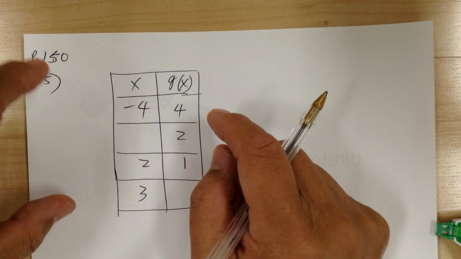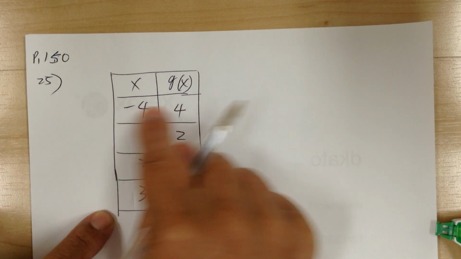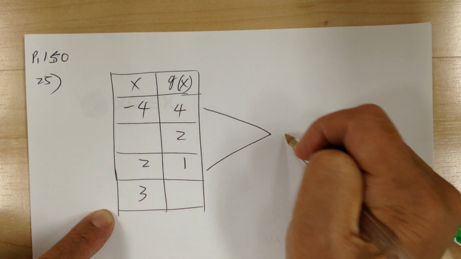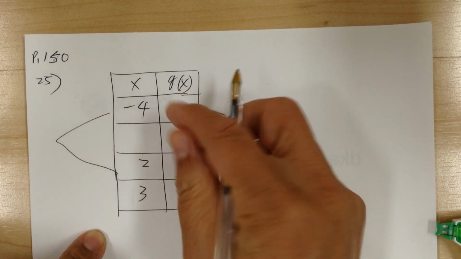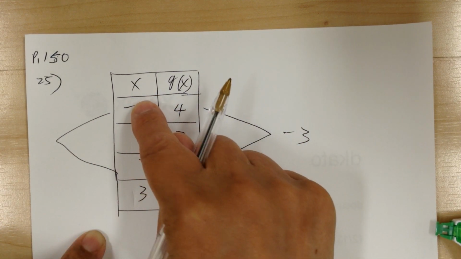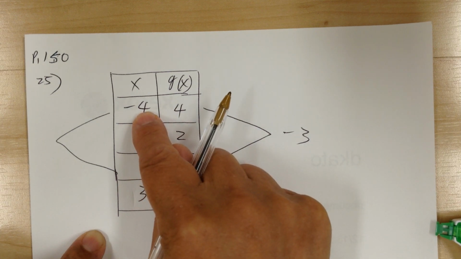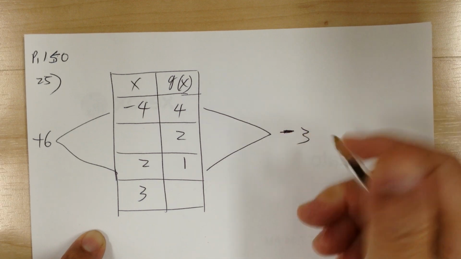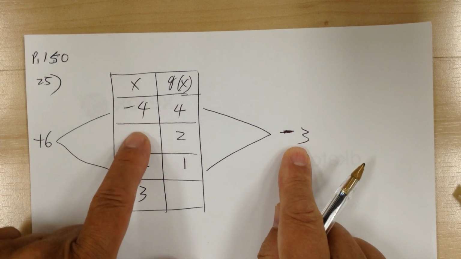So you have to start out with the pair that has a number. So you have to use this one and this one. Okay? So from here to here, you have to -3. So from here to here, okay, again, to figure out this number, use the n minus beginning. So 2 minus -4 will give you +6. Okay? Okay, so now, once we establish that, we can figure out the blanks.